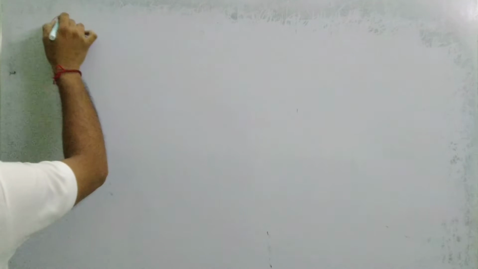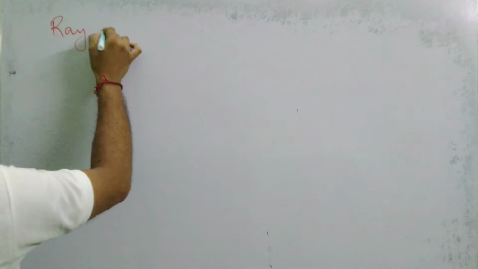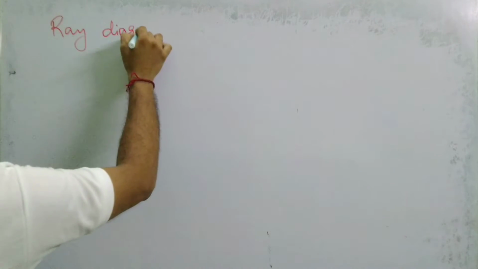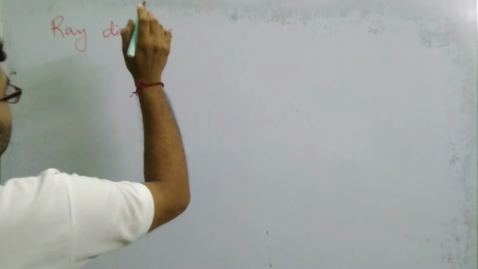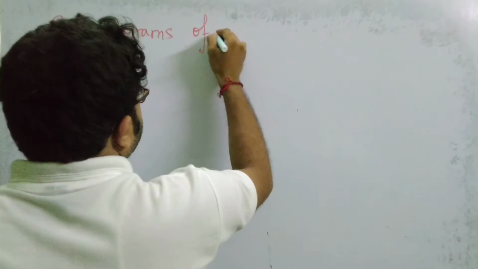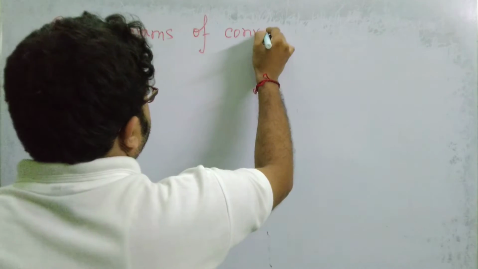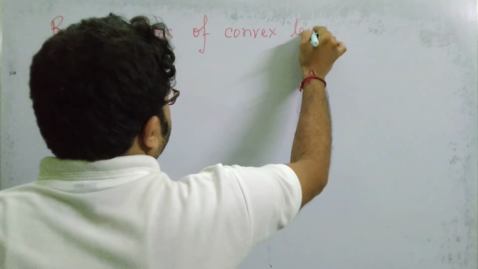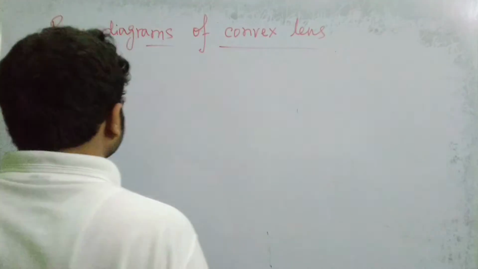So we will be discussing convex lens. We can consider the heading as ray diagrams of convex lens.